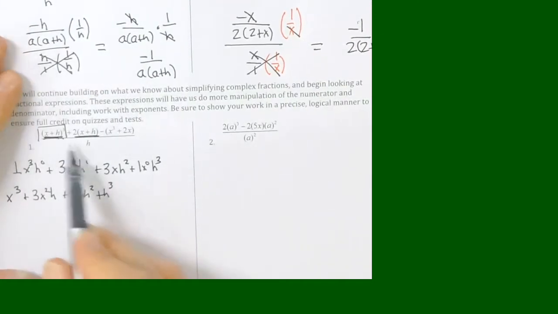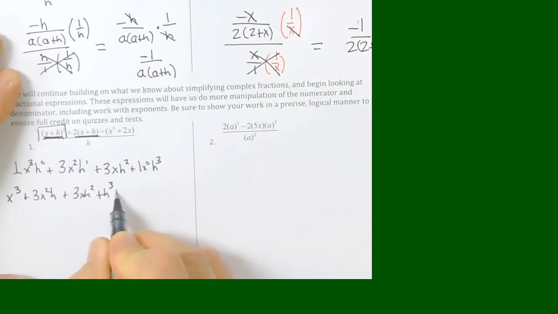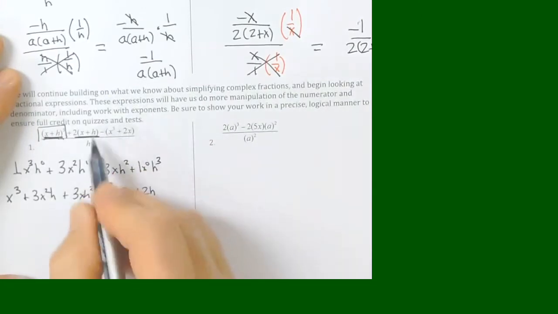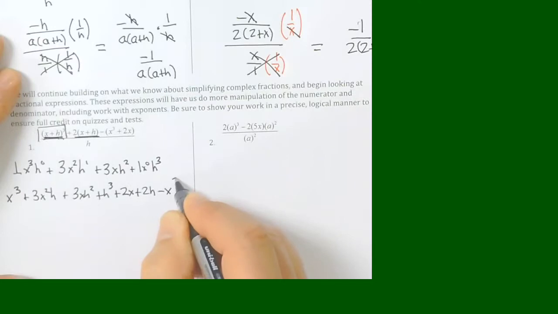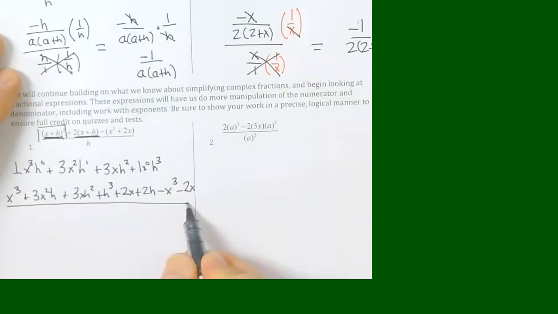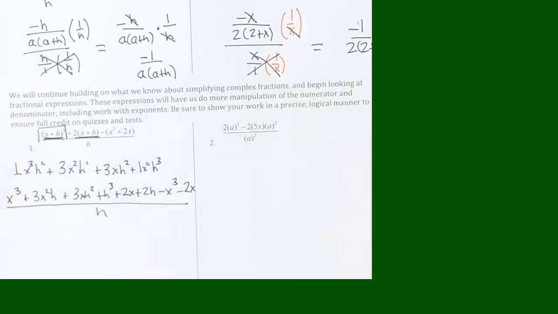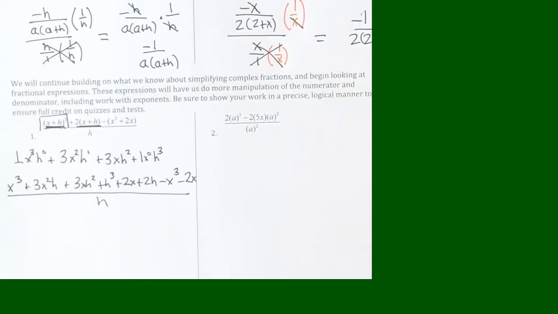This is an easy distribution. Plus 2x plus 2h. Distribute the negative. Minus x cubed minus 2x all over h. Let's look for anything we have in common.